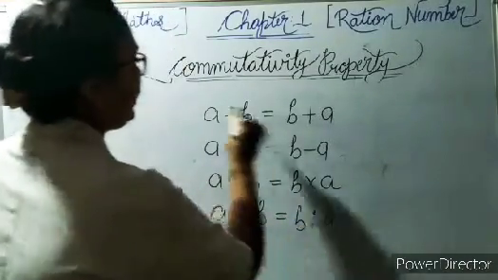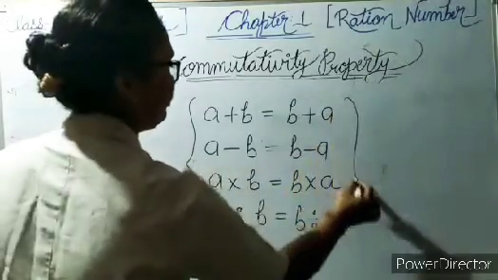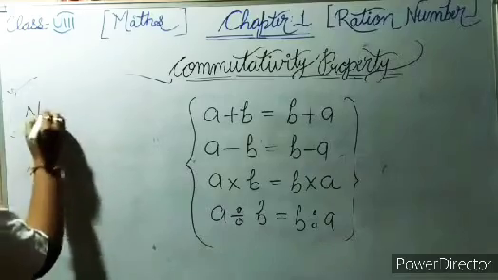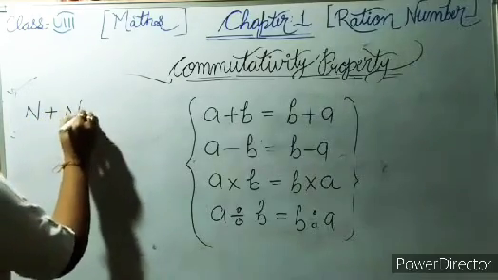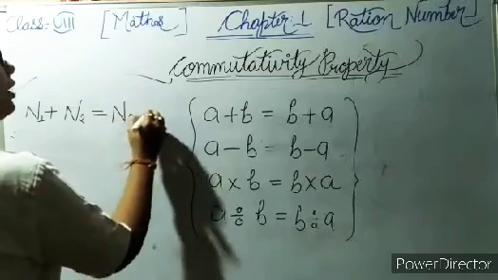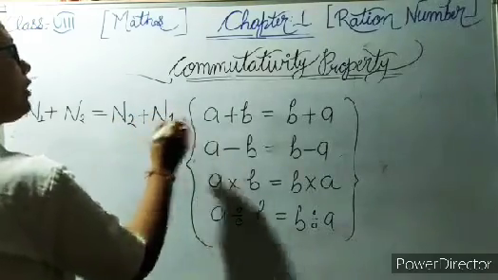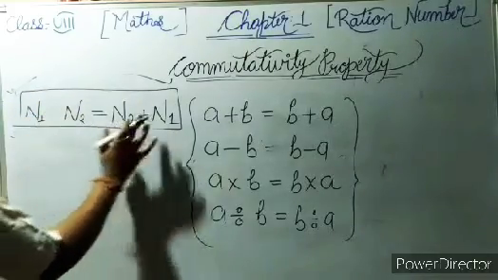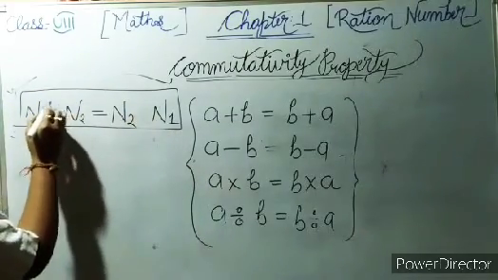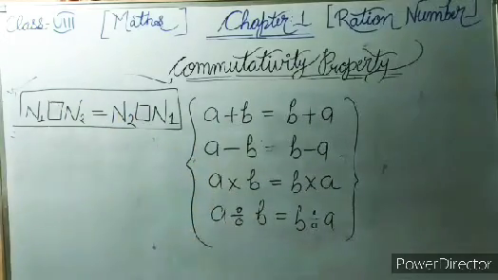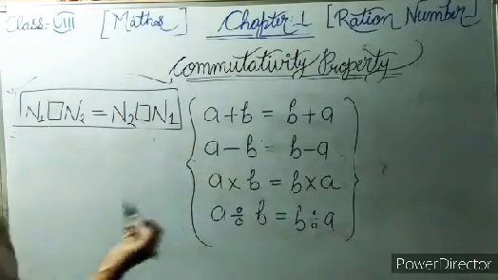But the commutative property is the same. That means if we get one number and a second number, if we reverse the order of the numbers, we will get the same number in any order. Here we put the sign of multiplication, plus and division. For all, we will check one by one.